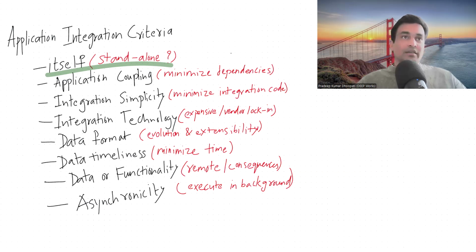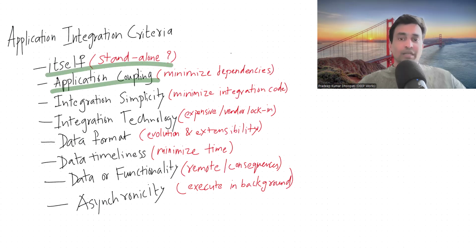The second criterion is application coupling. Even integrated applications should minimize dependencies on other applications, which allows the other applications to evolve without causing any issues to the other applications in the integrated solution.